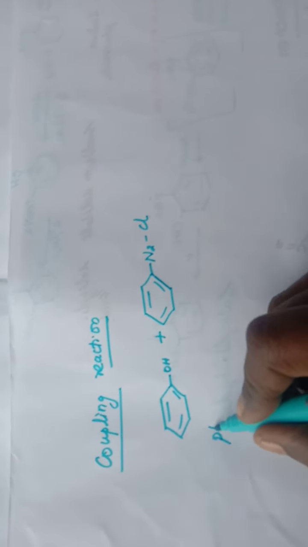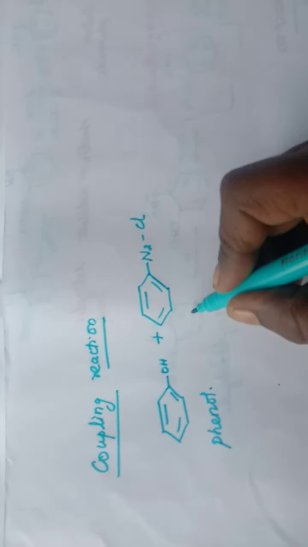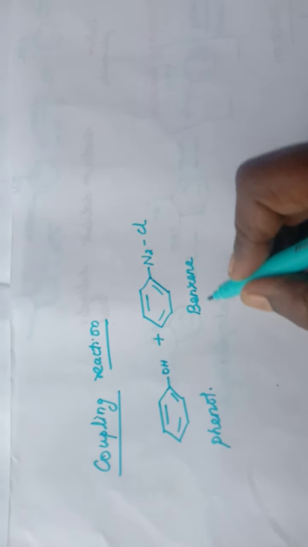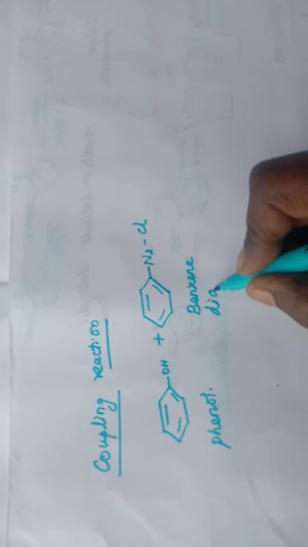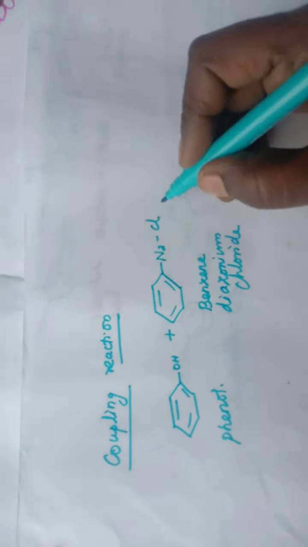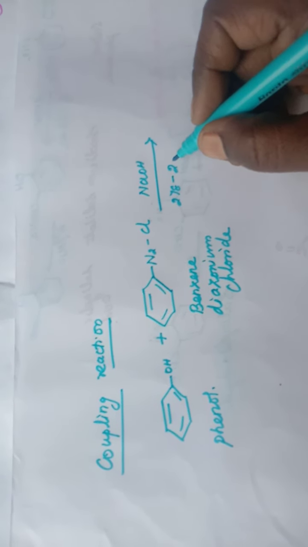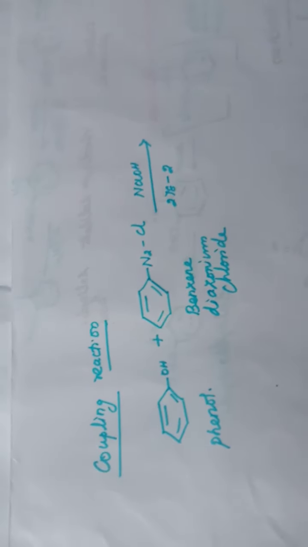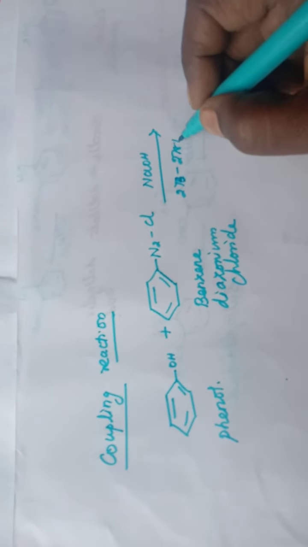This is phenol, this is benzene diazonium chloride, in the presence of an alkaline solution, sodium hydroxide, at 278 to 283 Kelvin.